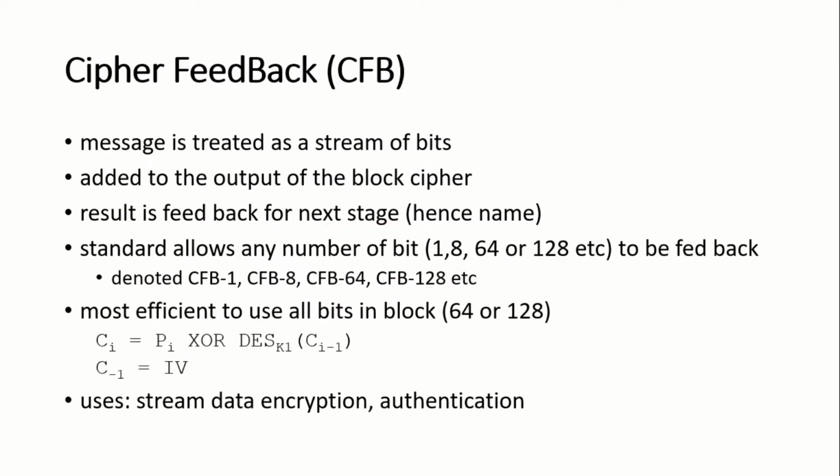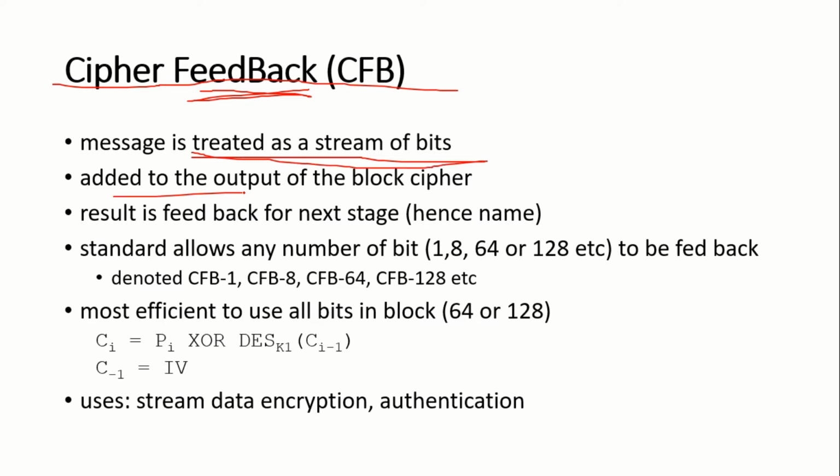Now next mode is cipher feedback mode. You have to understand this mode very clearly, because this is somewhat confusing to understand. In this ciphering mode we make use of feedback. We treat the message as a stream of bits. Since if we look at its working, we will be talking about blocks of data, but the message is treated as a stream of bits.